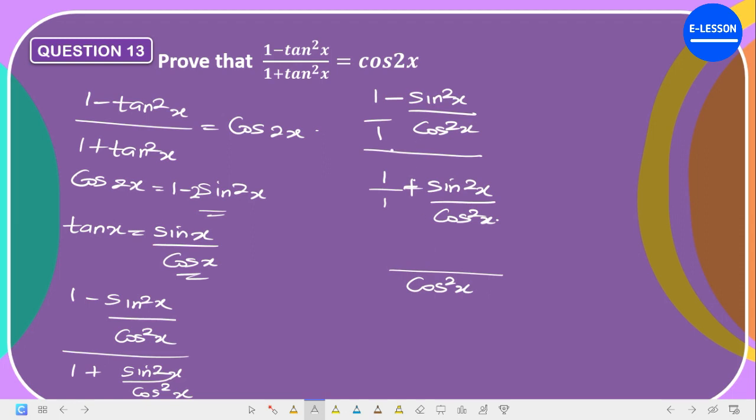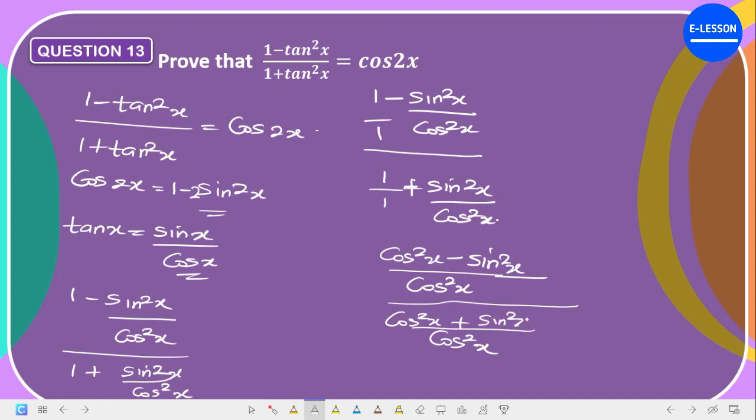Divided by this will give us cos square x, then times 1 will give us another cos square x, minus cos square x divided by this will give us 1. 1 times sine square x will give us what? Sine square x. Okay? Divided by this cos square x also as the base. Cos square x divided by this will give us cos square x, then plus this times this will give us what?